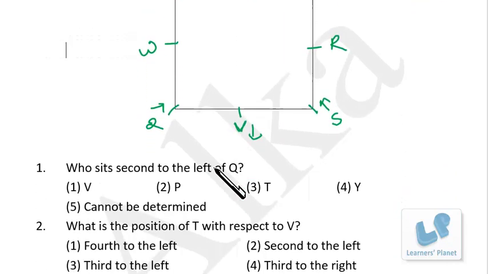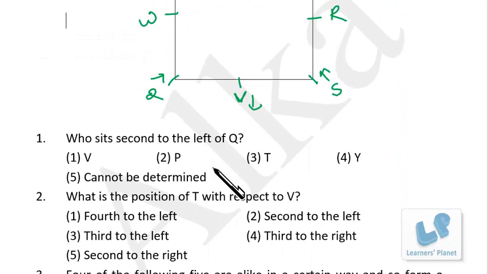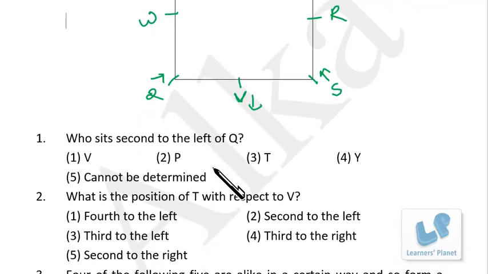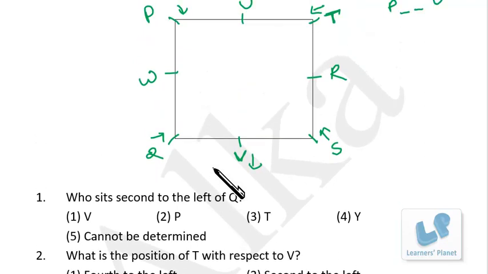Now you can answer all the questions, but you have to be very clear that some people are facing inside and some are facing outside, so their left and right will be changed. For example, if I see the first question, who sits second to the left of Q? Since Q is facing inside, his left will be this way.